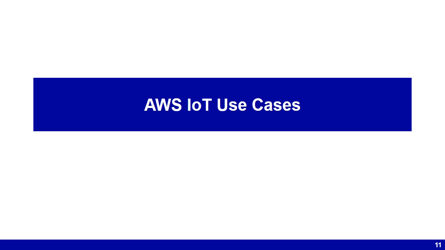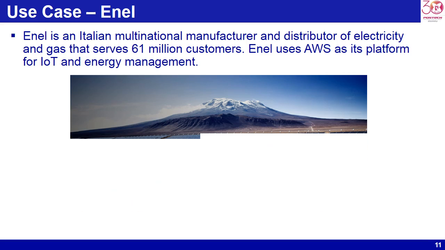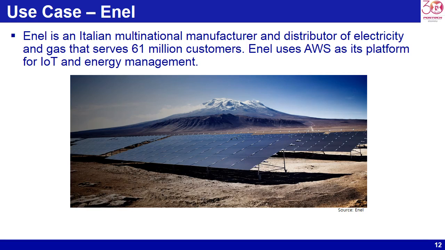This section provides some notable use cases of Amazon Web Service IoT. The first use case is Enel. Enel is an Italian multinational manufacturer and distributor of electricity and gas that serves 61 million customers.